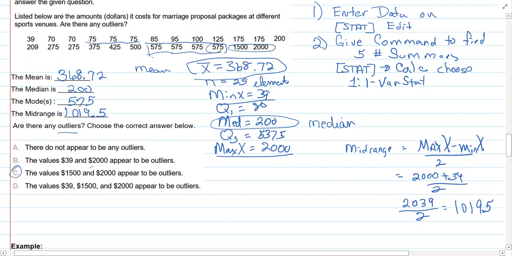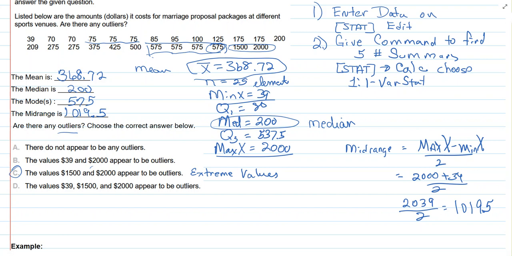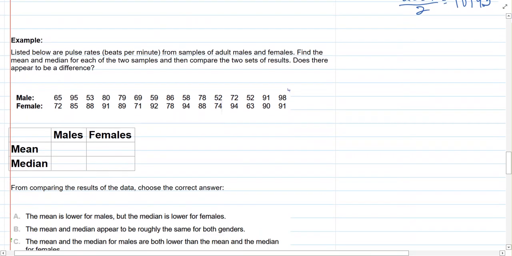And that's because this number here is only 600, and then it jumps up to 1500. So these are extremes, much more so than the other. Now, it's interesting that they have all three. But the gap is the largest here. We can adjust for that one, but not for the other two.